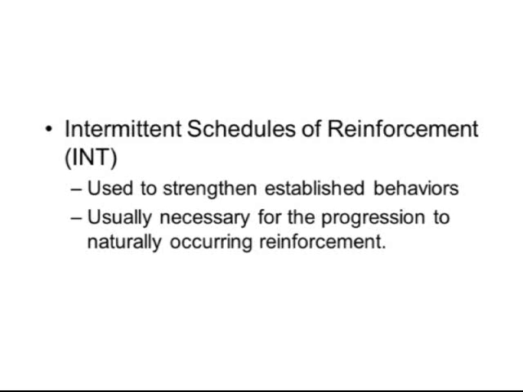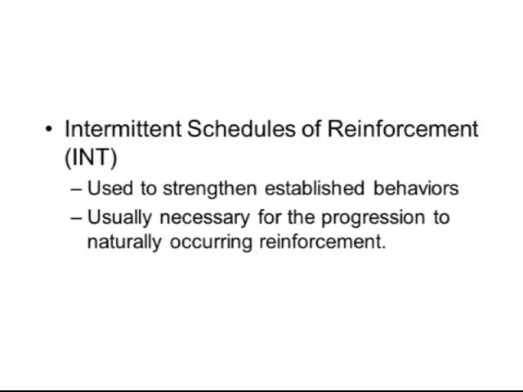because the next step in a reinforcement plan, once you establish a behavior, is to switch to intermittent schedules of reinforcement. Intermittent reinforcement is when we reinforce not every occurrence, but we reinforce the behavior based on some kind of schedule. This strengthens the behavior. It makes it more resistant to extinction.